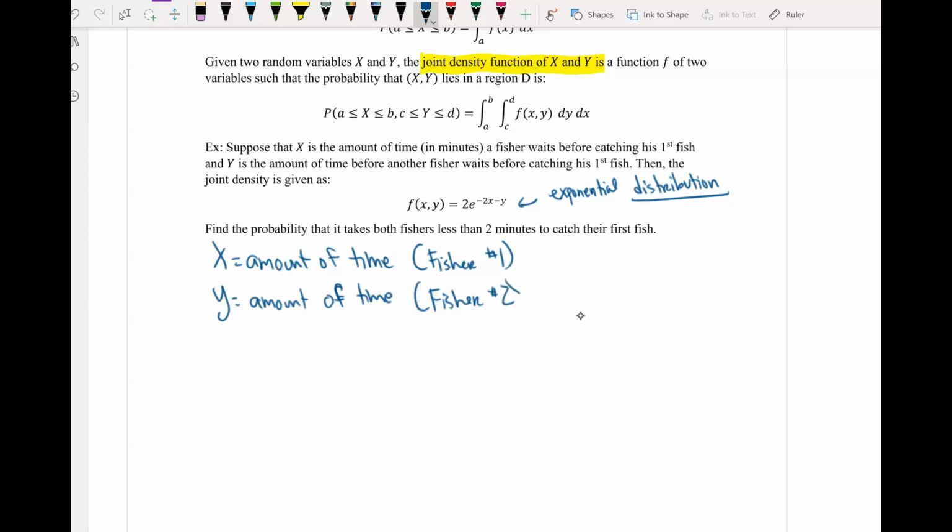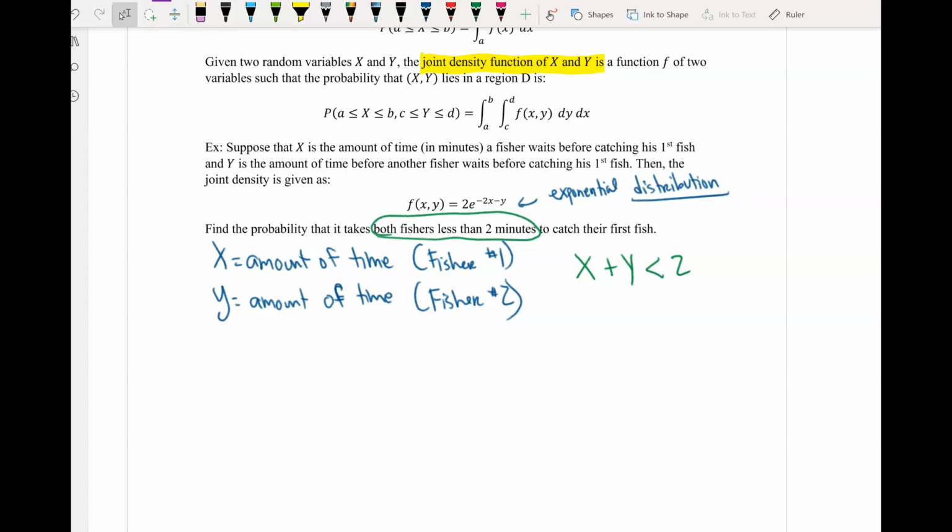And what we want is for both fishers to catch their fish in less than 2 minutes. So basically, I want x plus y, the sum of these, to be less than 2 minutes.